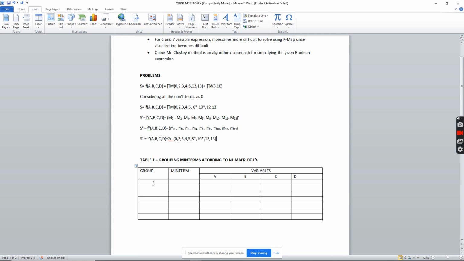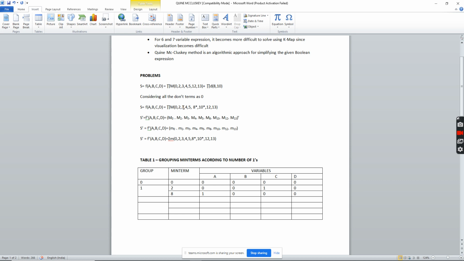Fine. So how to evaluate, I'll be evaluating it in this fashion. Min term 0 will be 0, 0, 0, 0. Next, I'll be evaluating it for 1. What are the 1 terms here? It is 2 and 8. So 2 will be 0, 0, 1, 0, and 8 will be 1, 0, 0, 0.